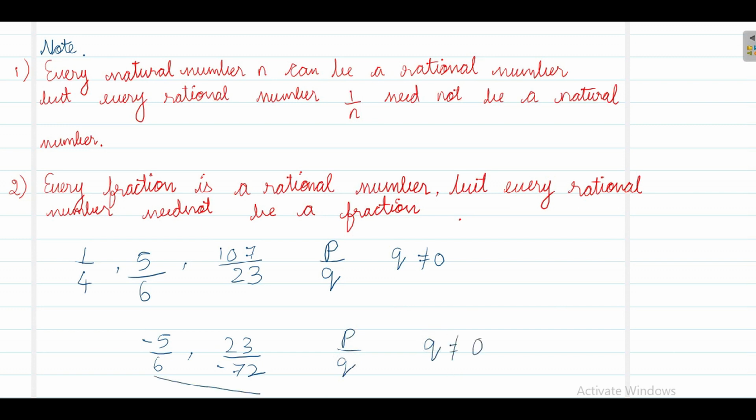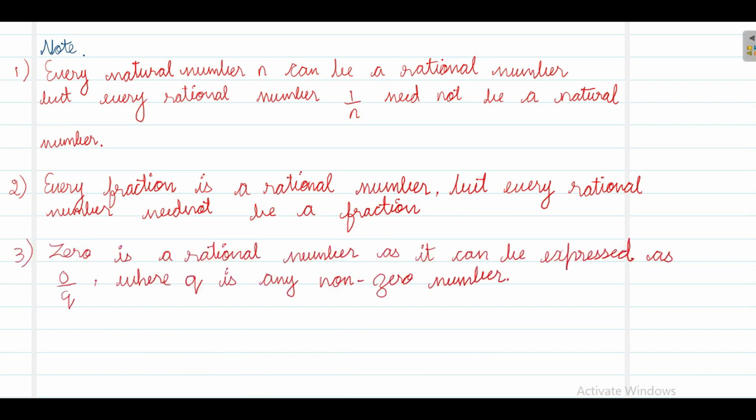So they are definitely rational numbers, but they cannot be considered fractions because a fraction is a part of a whole, right? And whole numbers are what? Just positive numbers from 0, 1 and so on. So every rational number need not be a fraction. Only positive rational numbers can be considered as fractions.